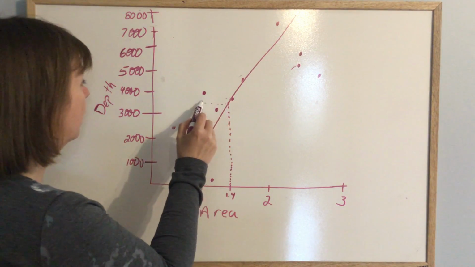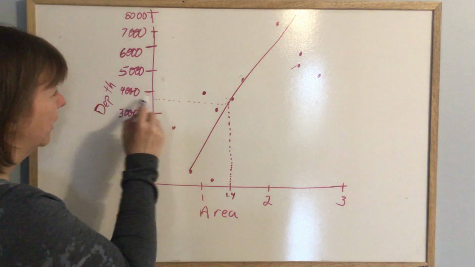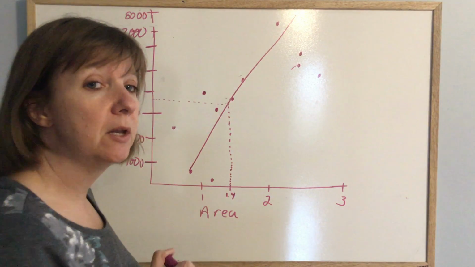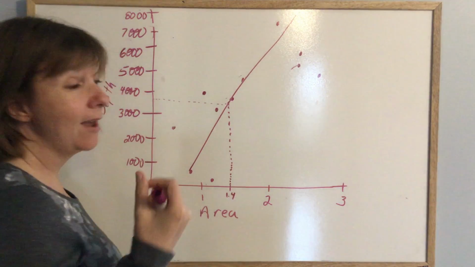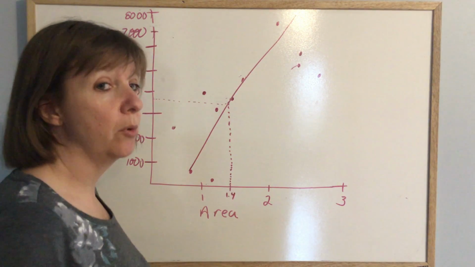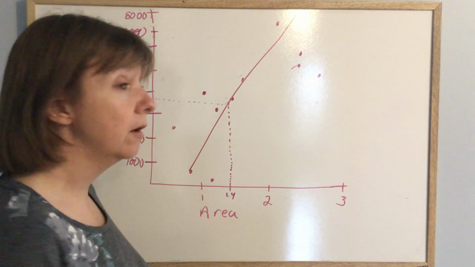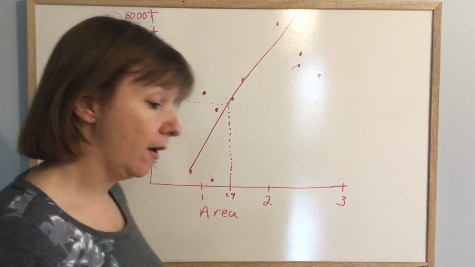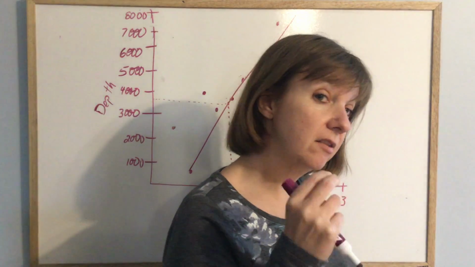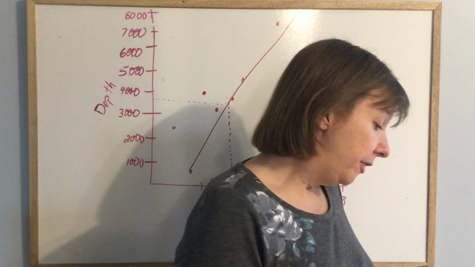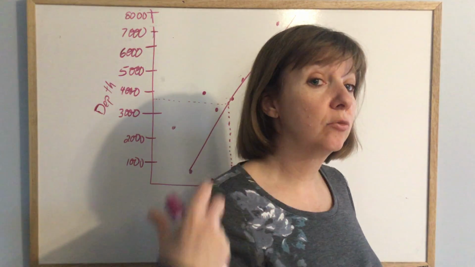And if I come across, that looks like about 3,700 meters. So my best estimate is that if an area is 1.4 million square kilometers, the maximum depth is going to be about 3,700. That is interpolating. Then they talk about this word extrapolating.